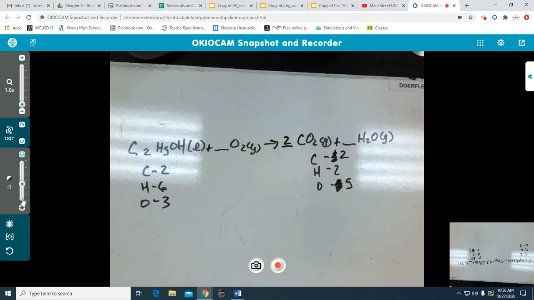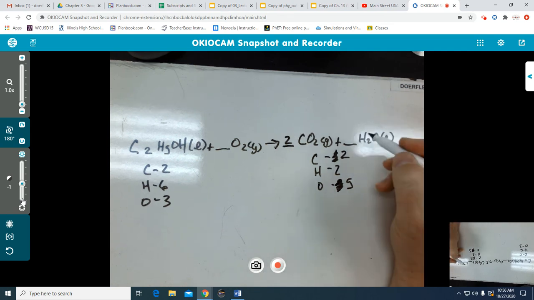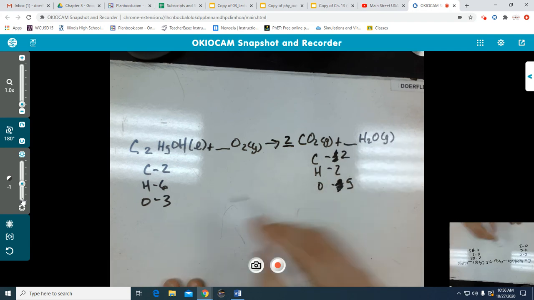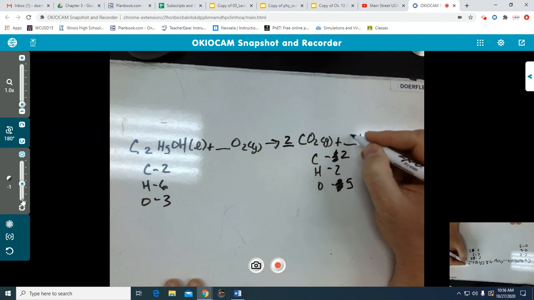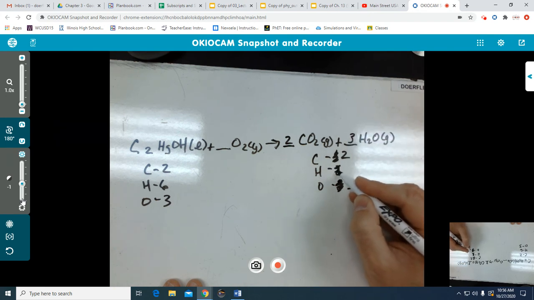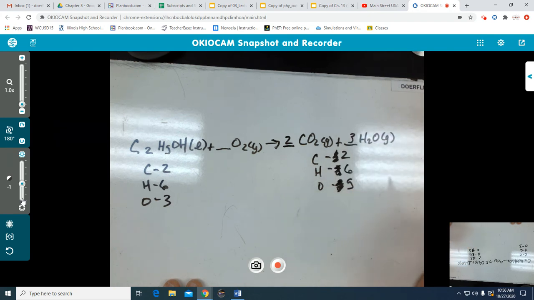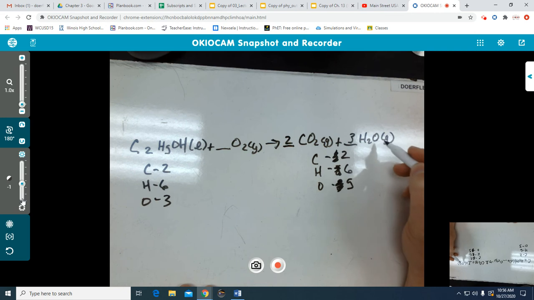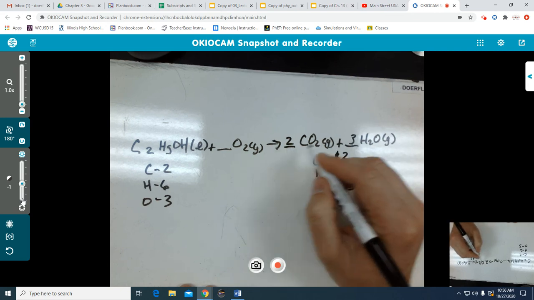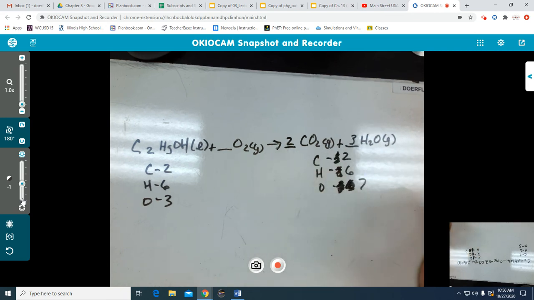We've got our carbons working okay, so we need hydrogen and oxygen. Hydrogen is 6 over here and 2 over here. So if we put a coefficient of 3 there, that gives us 6 hydrogen on both sides. But now we've got 3 times 1 is 3 plus 4 is 7 oxygens.